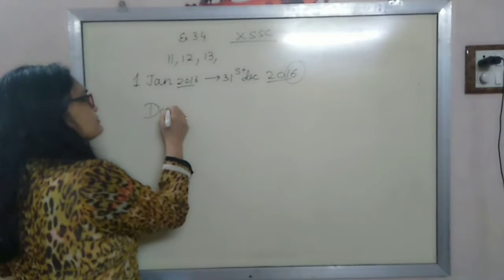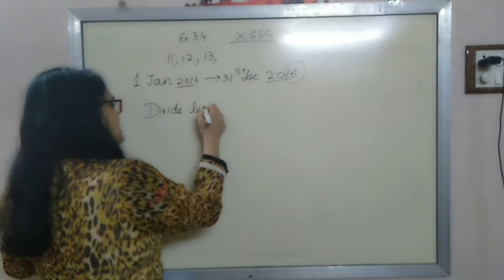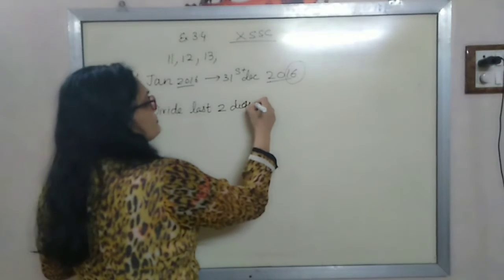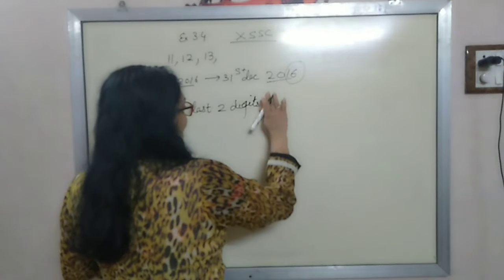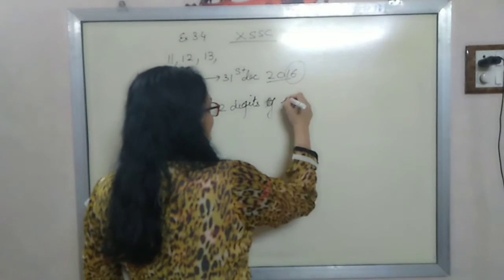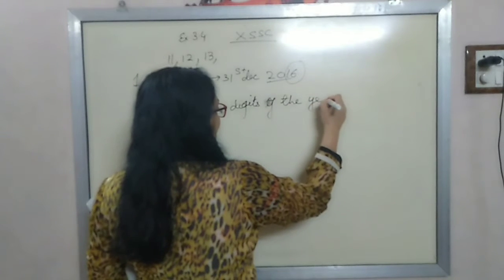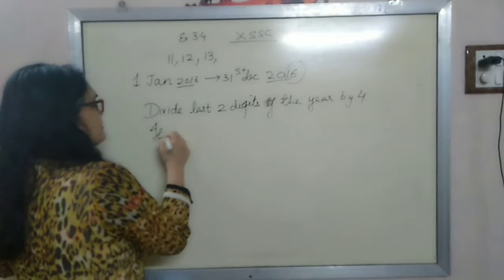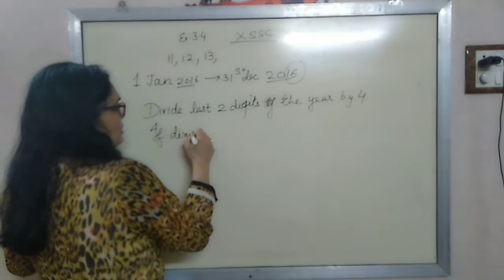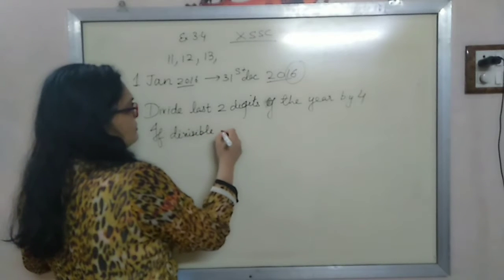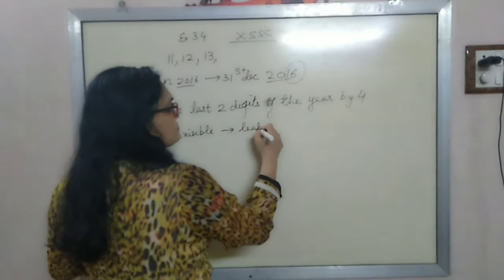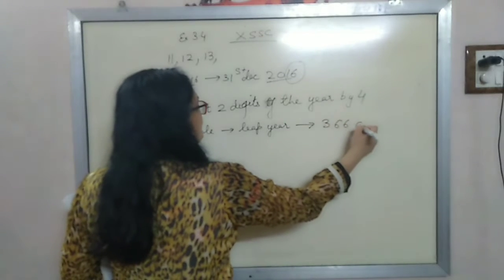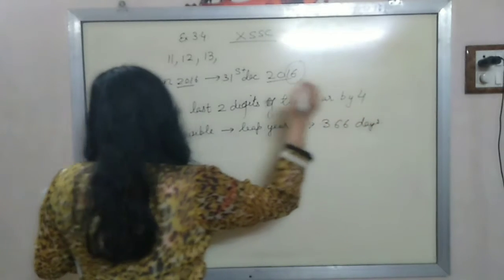Divide last 2 digits of the year by 4. If it is divisible, then it is a leap year. So you will take 366 days in that year.